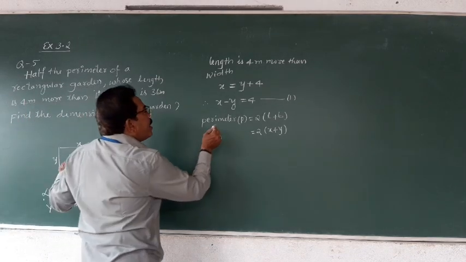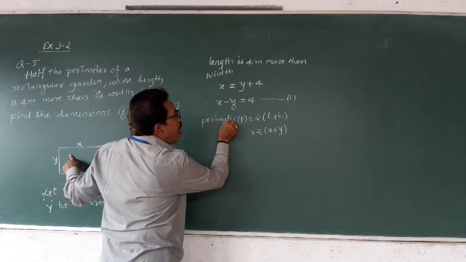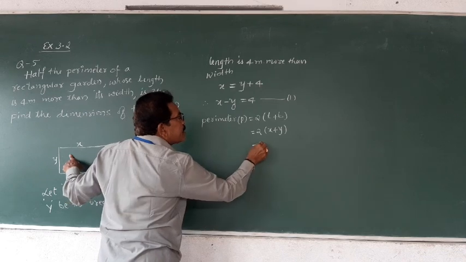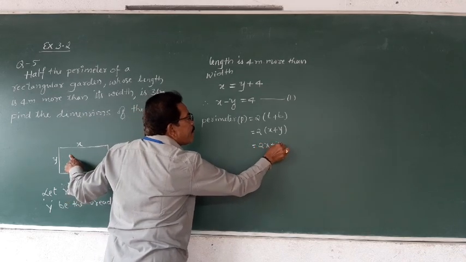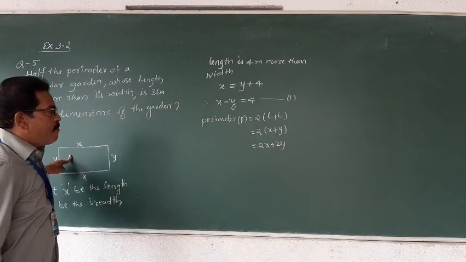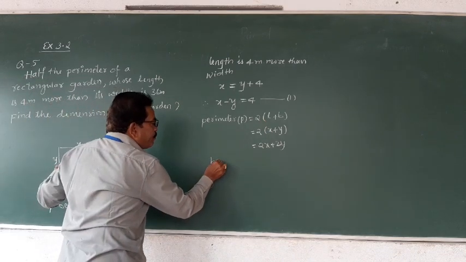So then what is its perimeter? Half of its perimeter. Then 2x plus 2y. Half of its perimeter.